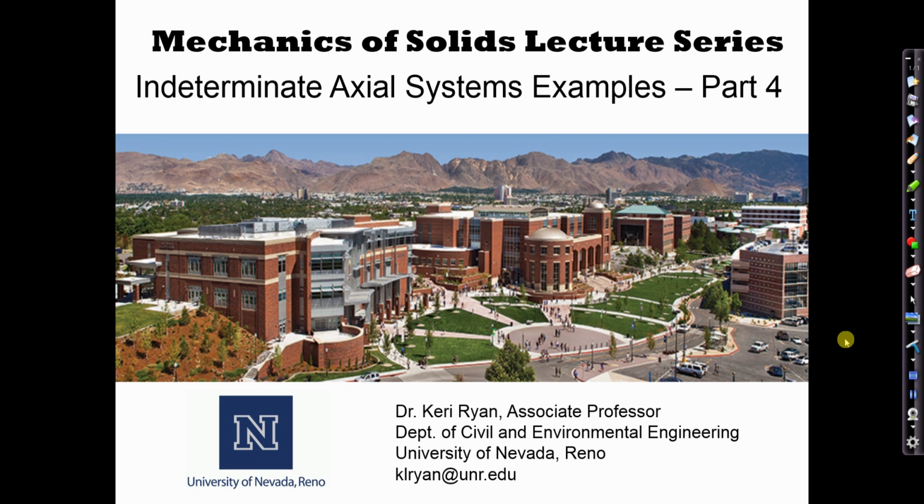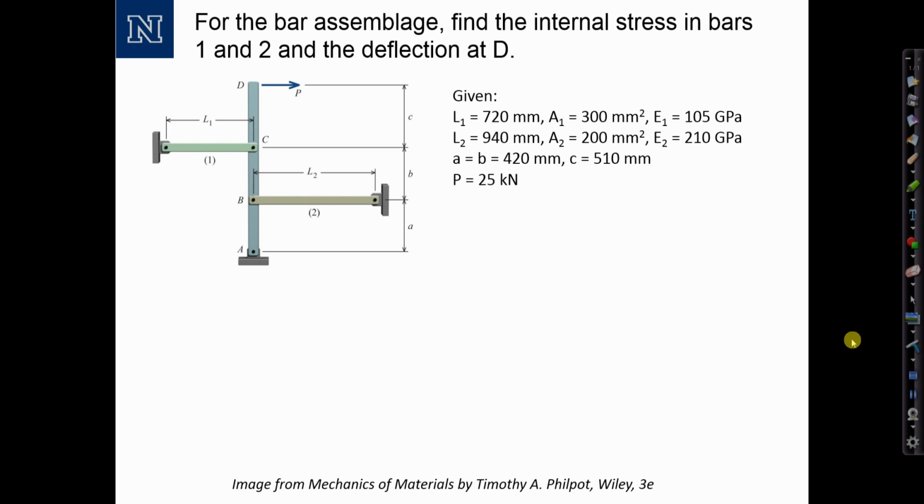Here we work our last example on indeterminate axial systems. And here's the problem we're going to work. We recognize this as axial members connected to a rigid rotating member.